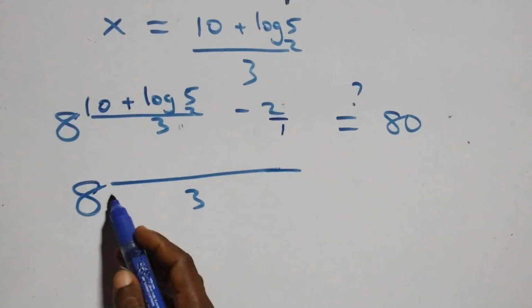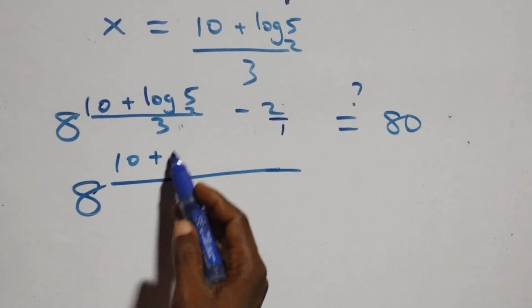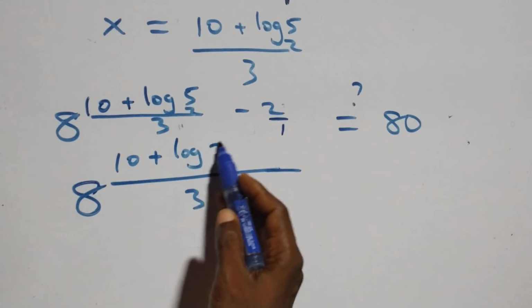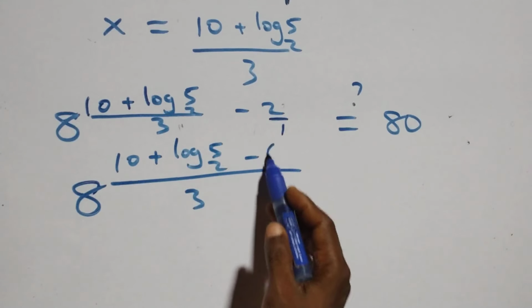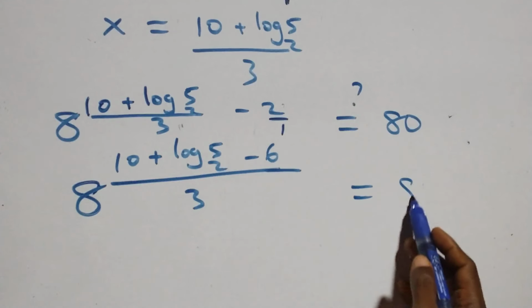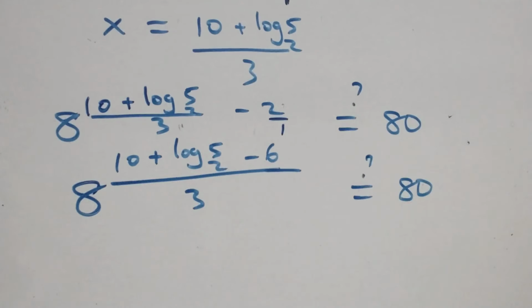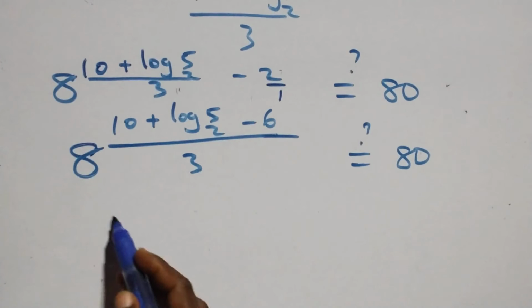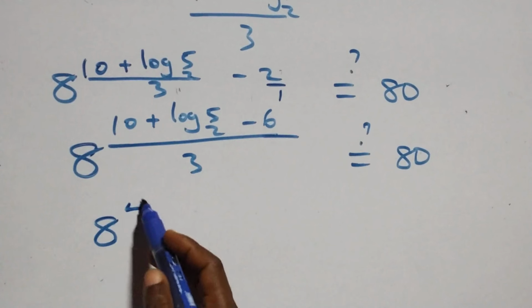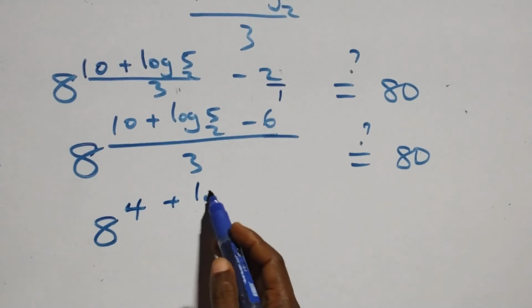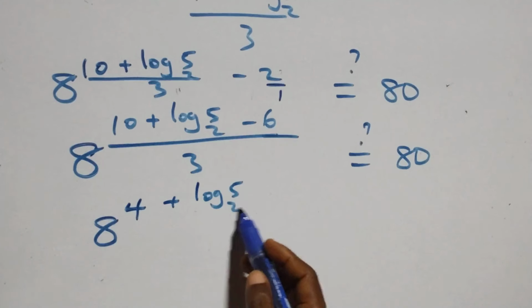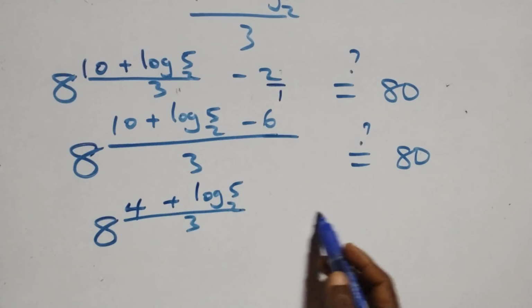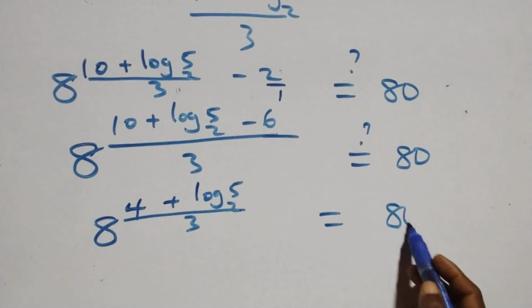And here we have 10 plus log 5 base 2 minus 6 equals 80 on this side. This 10 minus 6 here, that's 4.